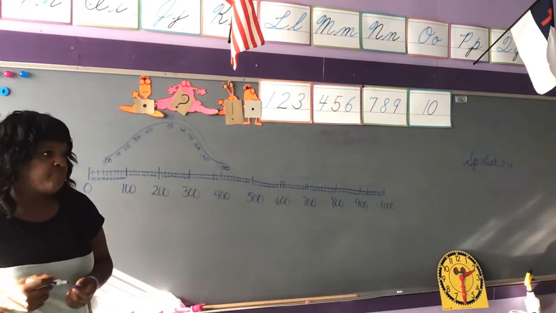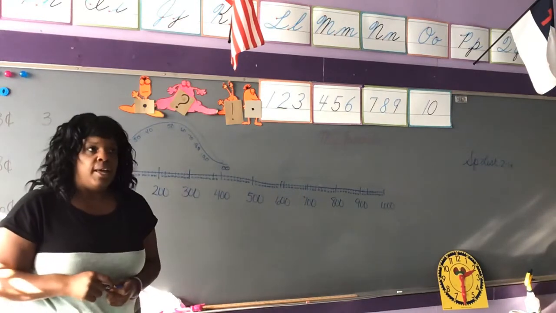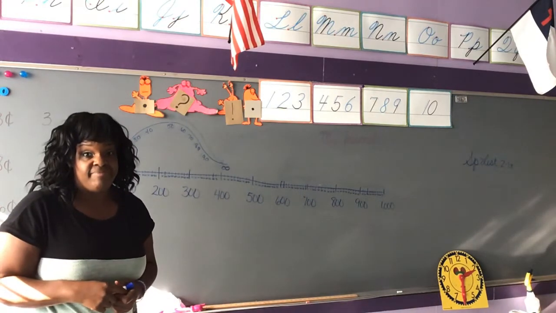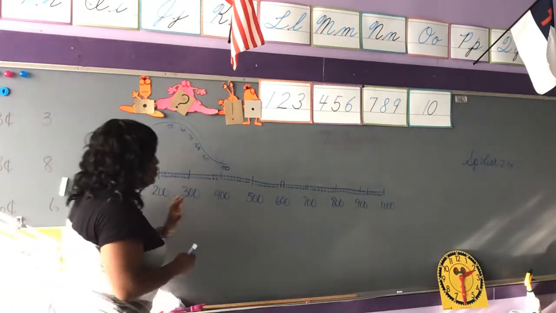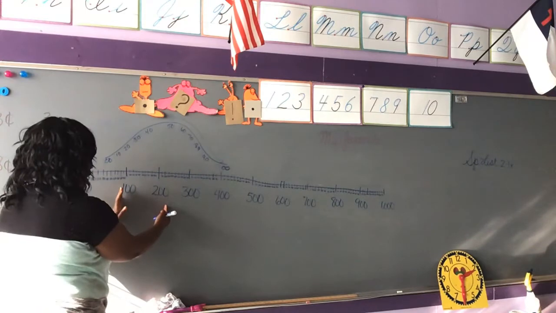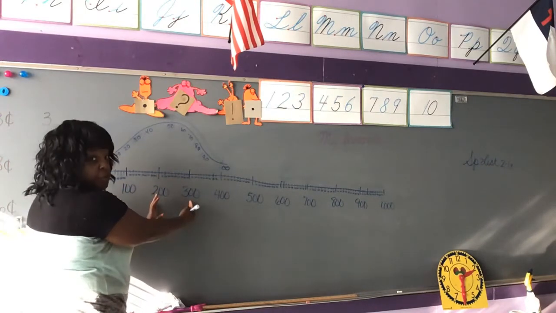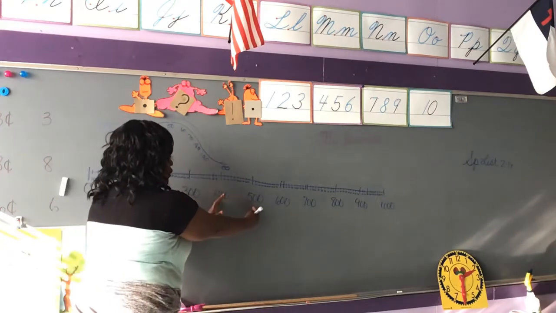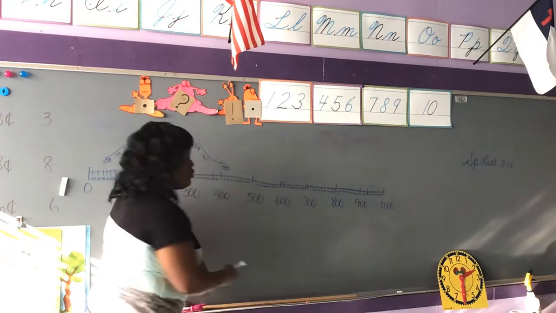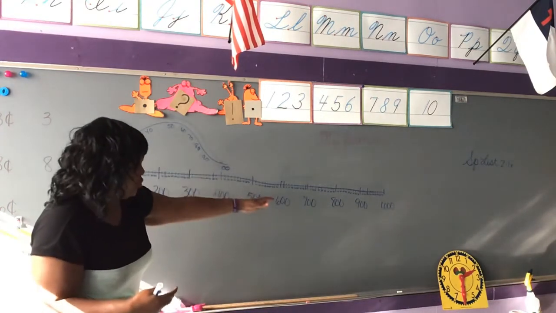Let's try 590. So we have to think, where are we going to find 590? Between 100 and 200, 200 and 300, 300 and 400, 400 and 500, 500 and 600, 600 to 700.